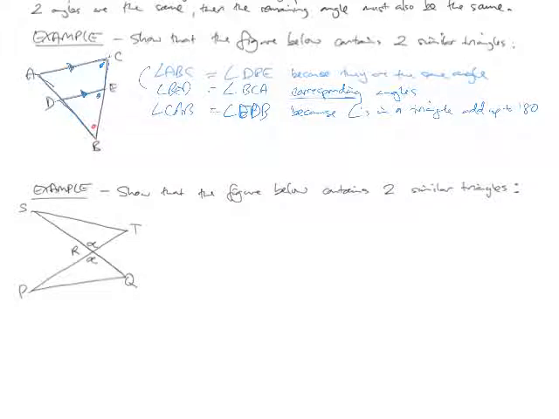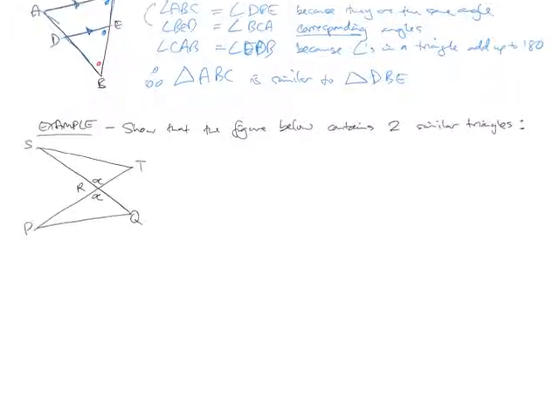We already proved two were the same, so the leftover one is going to be the same. So, therefore, triangle ABC is similar to triangle DBE, because we've proven that three angles are the same.